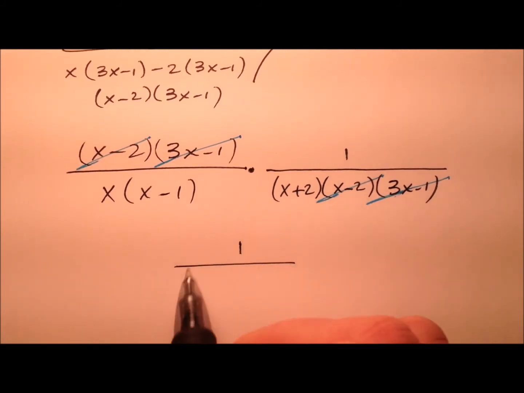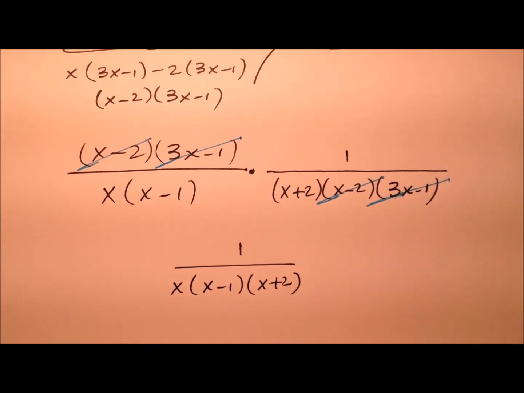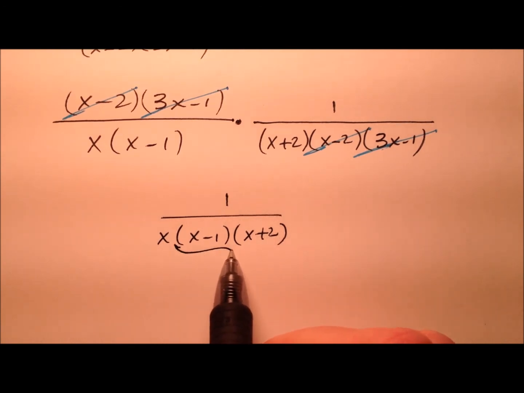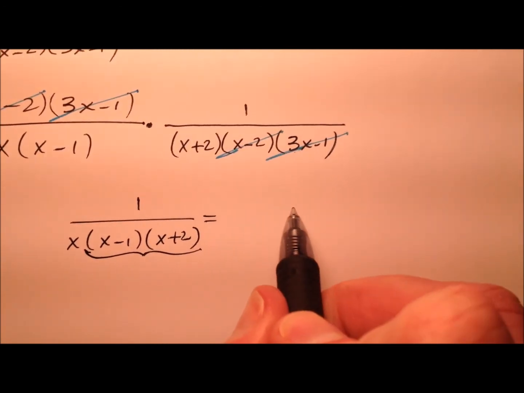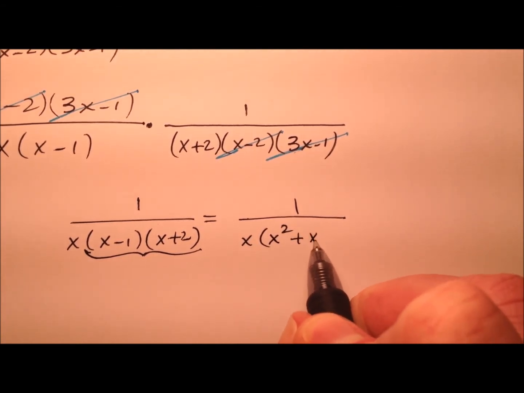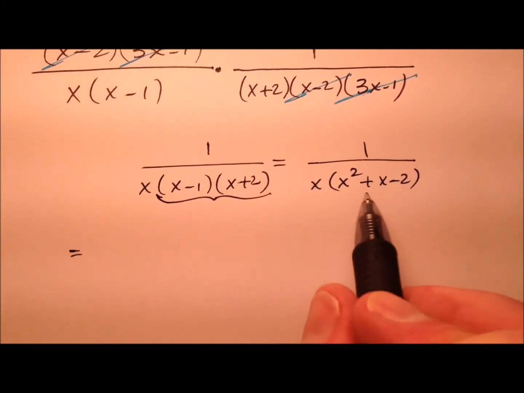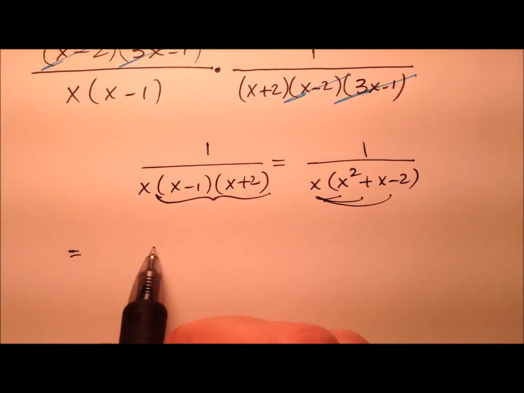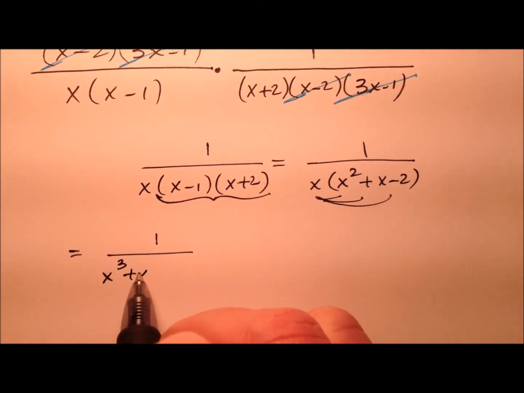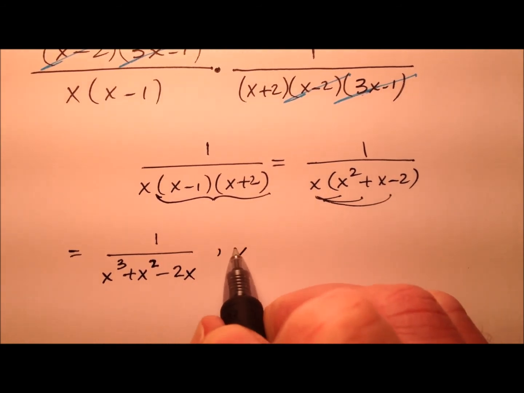And the denominator looks like x times x minus 1 times x plus 2. So we'll go ahead and multiply this through. Let's multiply these two first. So it's x times x squared plus x minus 2. Then ultimately when I distribute this x through, it's 1 over x cubed plus x squared minus 2x.